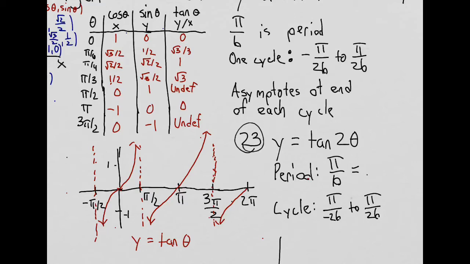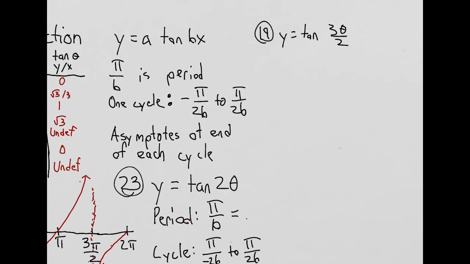Again, that's pi, so that's your cycle. Also, if you want to find the locations of the asymptotes, they're always at the end of each cycle. So you can always find your first set of asymptotes by using this right here, and basically just extend it out from there. I'll show you an example in a little bit.